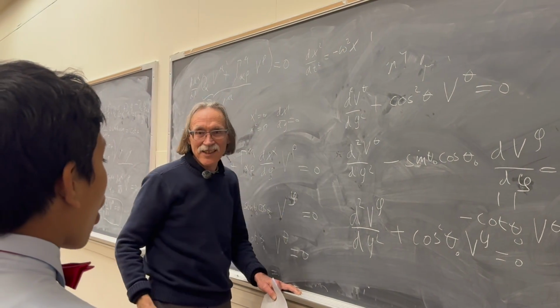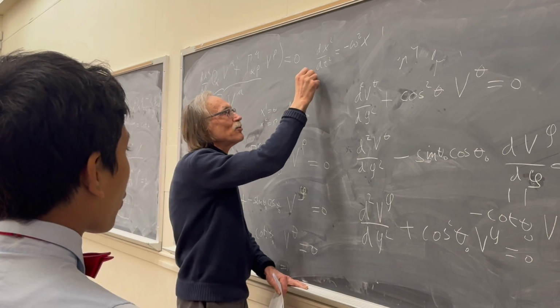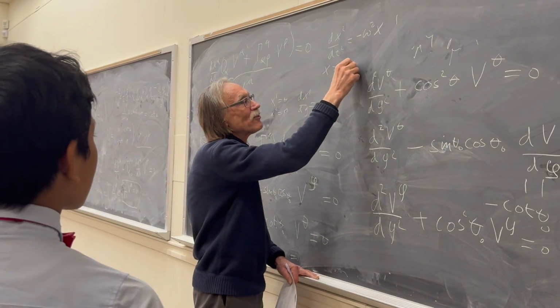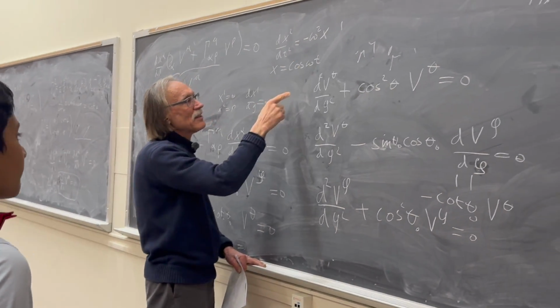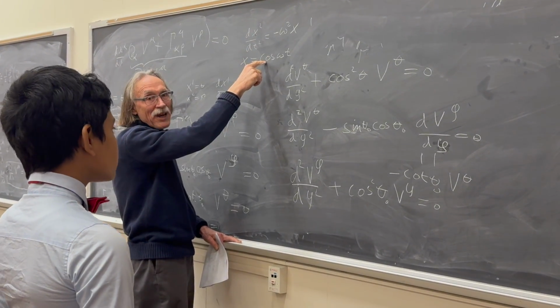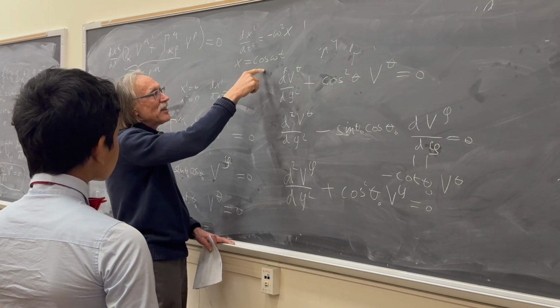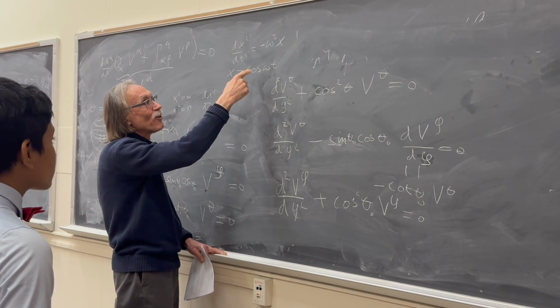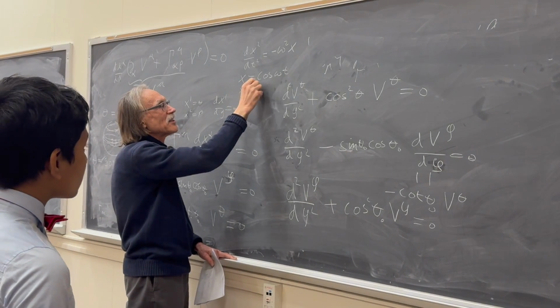And it has solution x is equal to, say, cosine omega t. If you differentiate that once, you get omega times the sine with the minus sign. If you differentiate the second one, it becomes again a cosine. Or x is a sine of omega t.